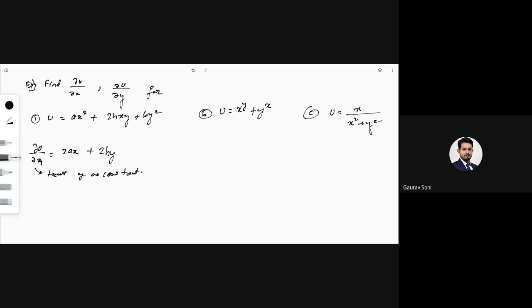As we have written in the remark, for partial derivative with respect to x, we have to treat y as constant. For u with respect to y, I will treat x as constant now. So ax² will become 0, 2hx + 2by.